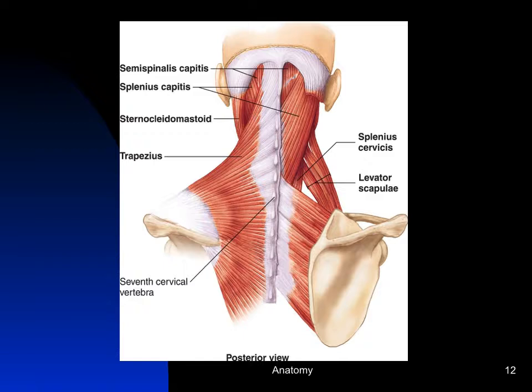And this can be used in a couple ways. It can be used to elevate the shoulders or fix the shoulders in position. And it can also be used with the splenius capitis to pull the head backwards. And so depending on what other muscles are fixed, it can have different actions. So those are the two major muscles that you have to know there on the superficial part. With the superficial cutaway on the right side, you see the splenius capitis nicely.